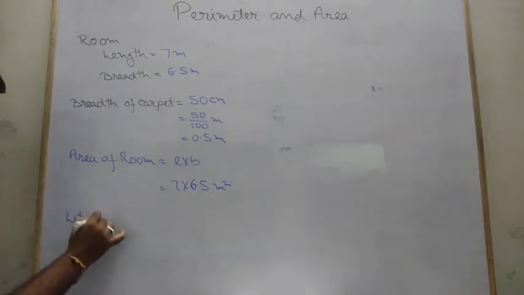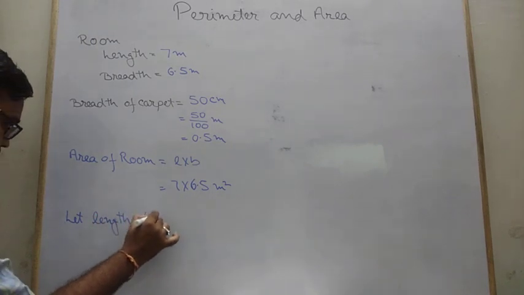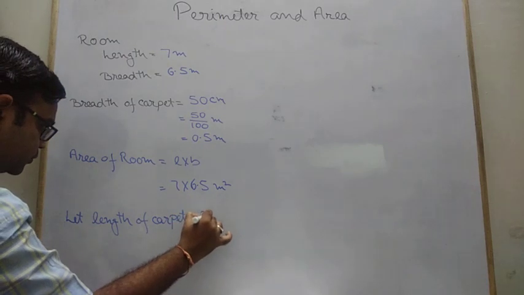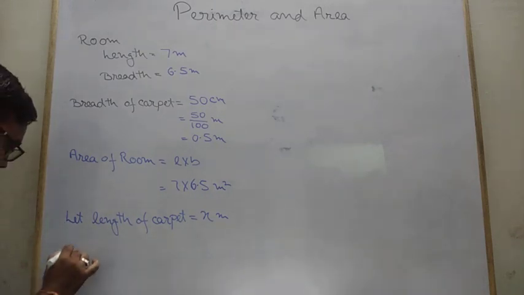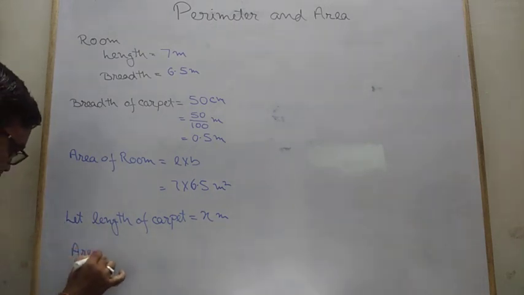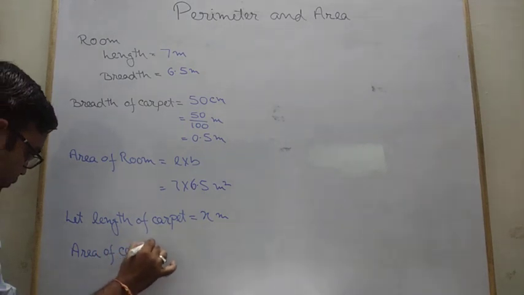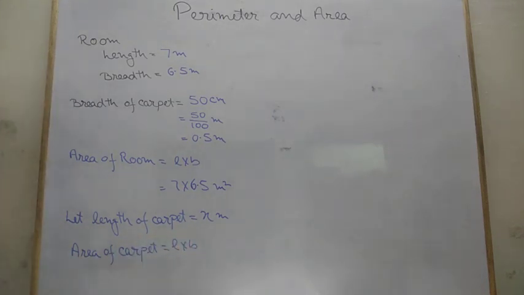Let length of carpet equals x meter. Clear? Equals x meter. So what is the area now? What is the area of carpet? Equals length into breadth. Let me see, you are able to see or not.